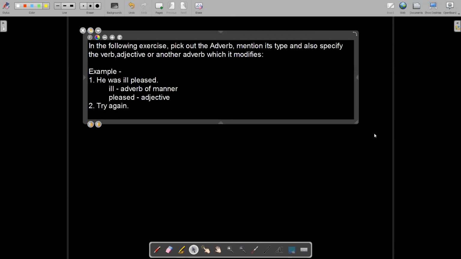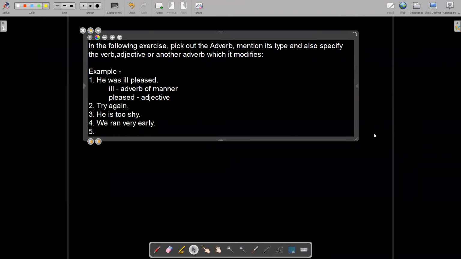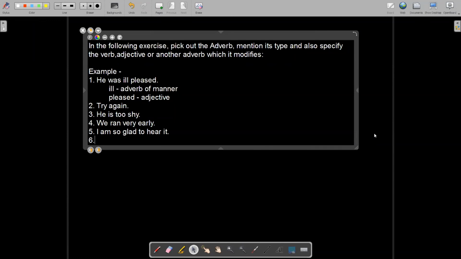Try again. He is too shy. We ran very early. I am so glad to hear it. Cut it lengthwise.